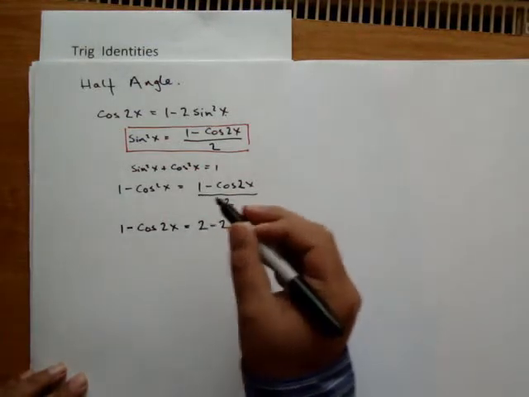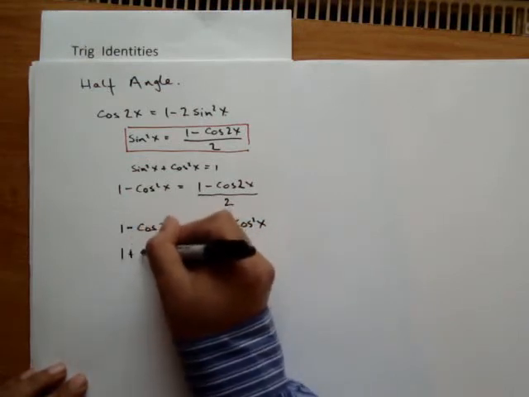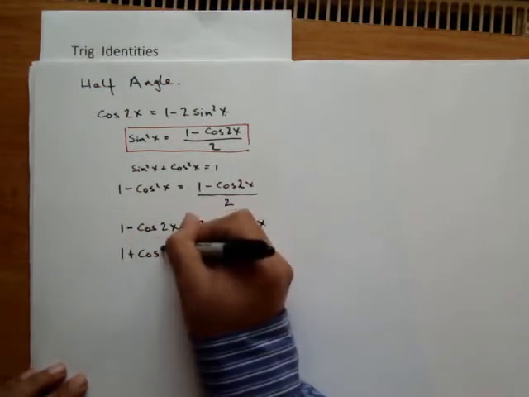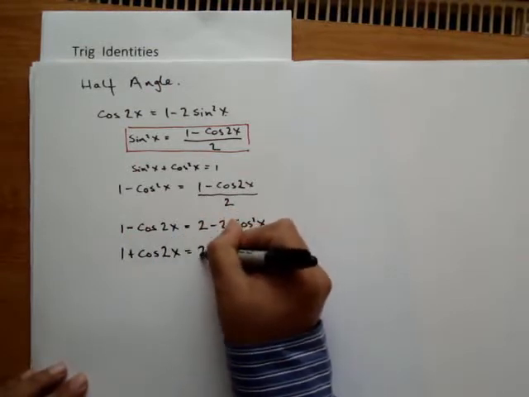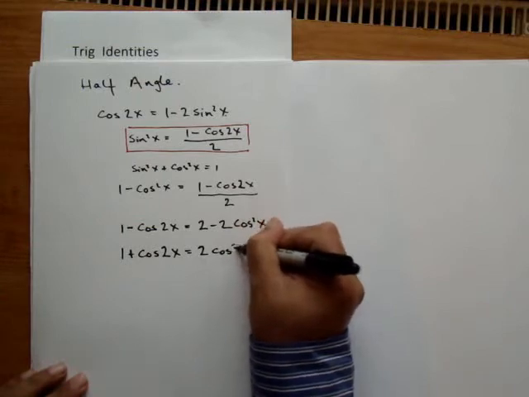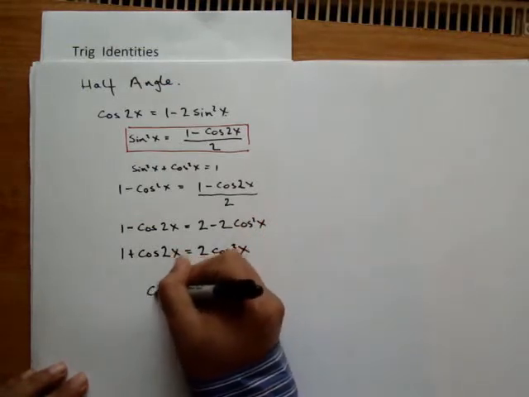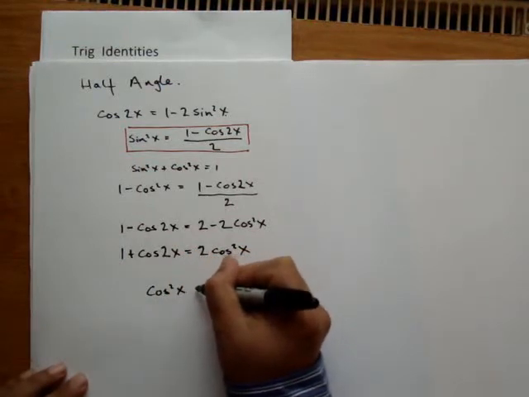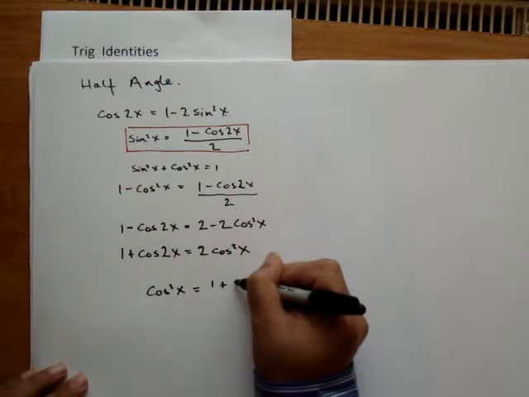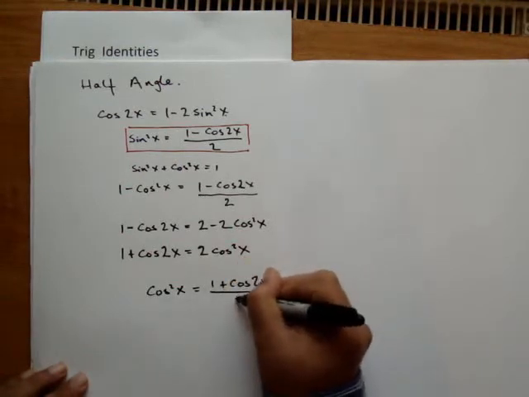Taking this to the other side, we get 1 plus cos 2x equals 2 cos squared x. And this is our other half angle identity, cos squared x equals 1 plus cos 2x over 2.